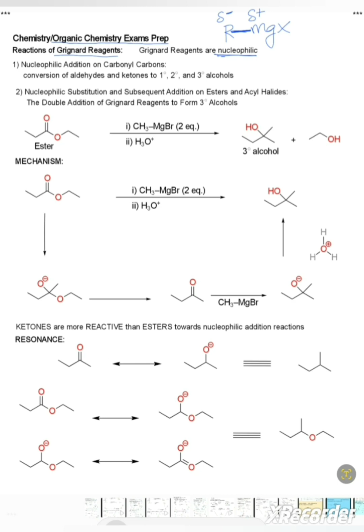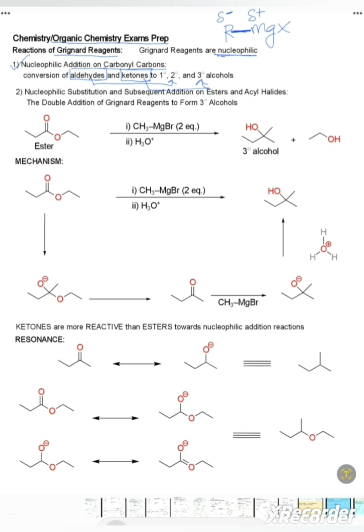So we have seen the first reaction, which is nucleophilic addition on carbonyl carbons. This is one of the most important reactions of the Grignard reagents. So our aldehydes, when reacting with Grignard reagents, would give us secondary alcohol, and the ketones would always give us tertiary alcohols.